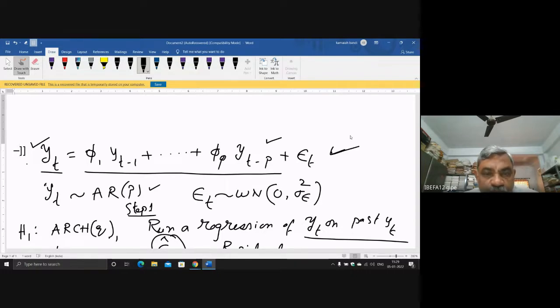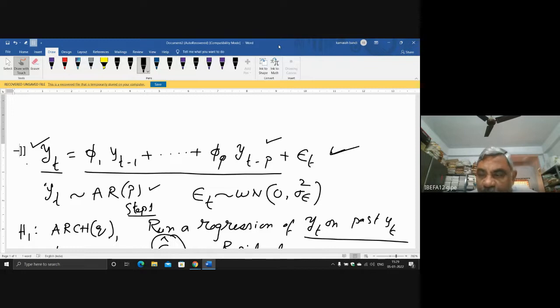The purpose of step 1 is to extract the residuals. Once residuals are extracted and you square them, when you are doing the regression, adopt this form. Then you choose your Q, also at a slightly higher level. For example, Q could be 10. Suppose now most coefficients are insignificant, you can reduce Q a little bit.